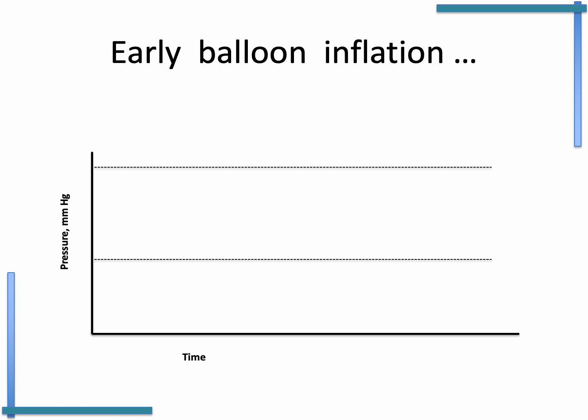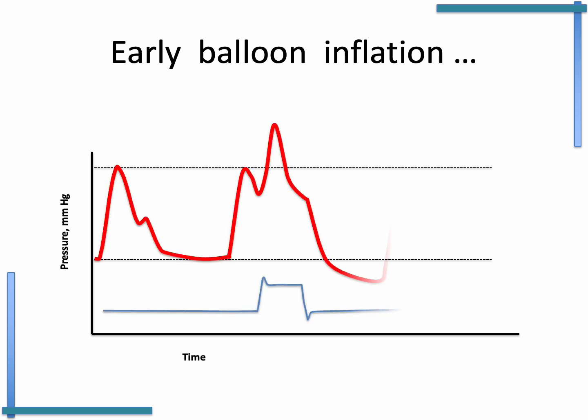Now, if you remember, I said that the balloon would normally inflate at the point in time where the aortic valve closes. That's the dicrotic notch, and that means the balloon then inflates in the aorta while the ventricle's going through isovolumic relaxation. But if the balloon inflates early, then we end up with a problem.